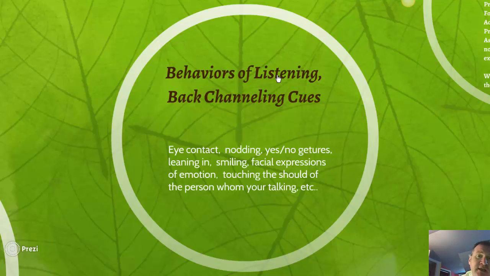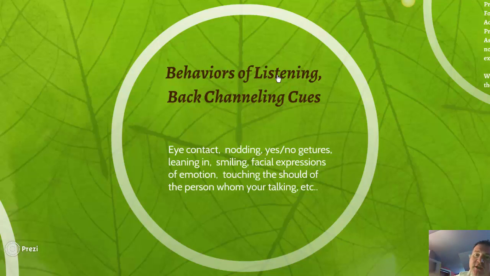Backchanneling cues are any verbal or mostly non-verbal signals that we give to the speaker that indicate we're listening. Eye contact is a big part of backchanneling cues. The burden of eye contact in a person-to-person or interpersonal interaction generally relies on the listener. So the burden falls on the listener to lock eyes, nod, gestures of yes or no, smiling, leaning in, showing interest non-verbally.